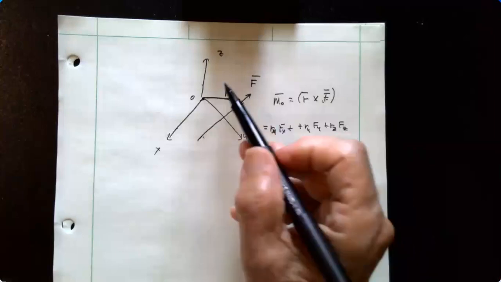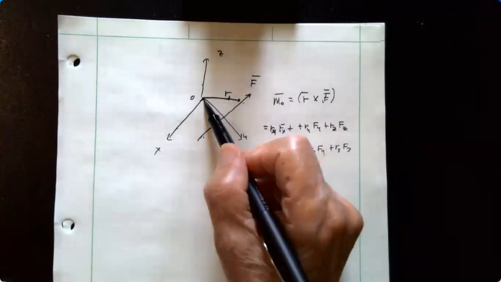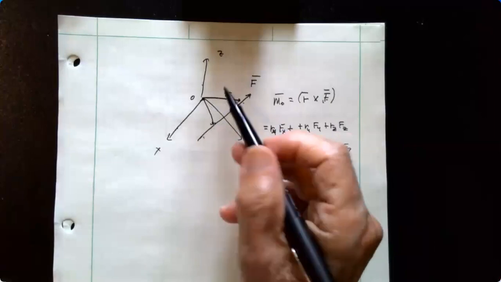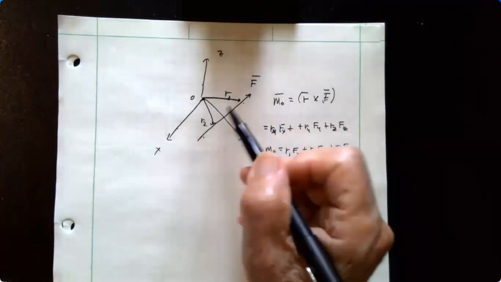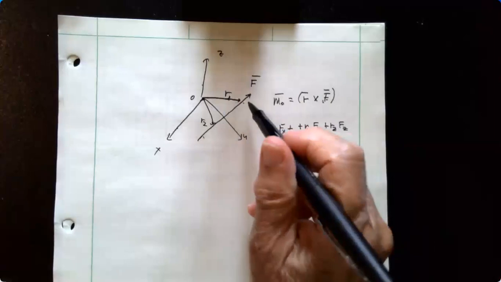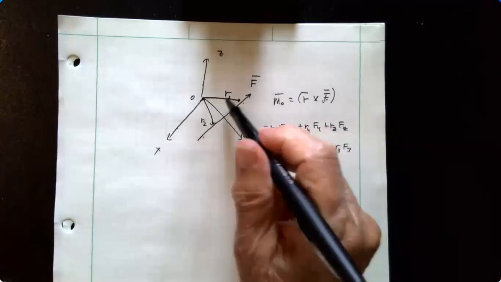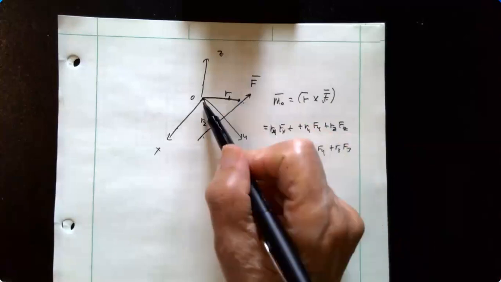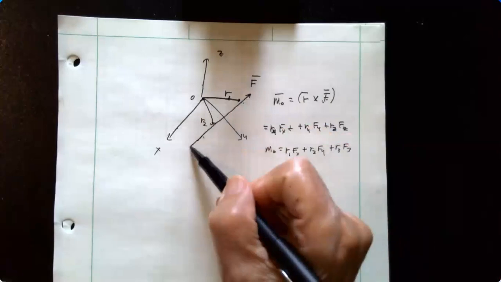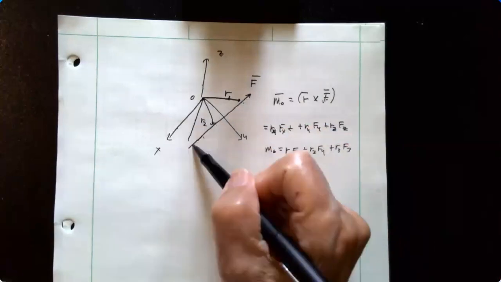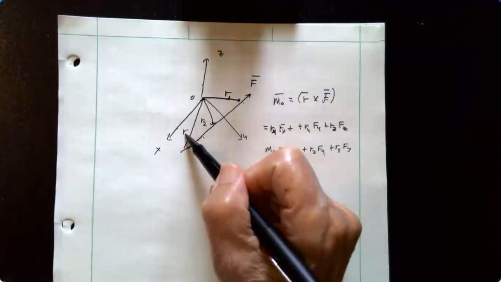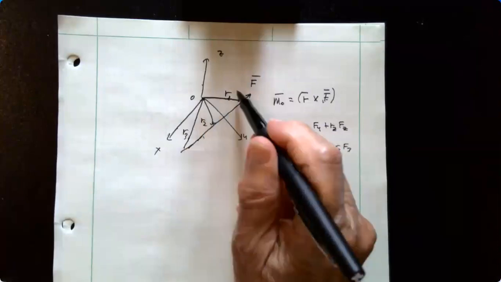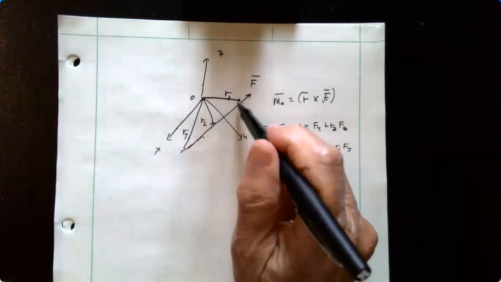Okay. I can also choose another position vector if I can define it. Call this one R2. R2 cross F is going to give us the same value as R1 cross F. So this position vector, I can do this if I can define it, so it's any position vector from the point where you want the moment to be taken to the force itself.